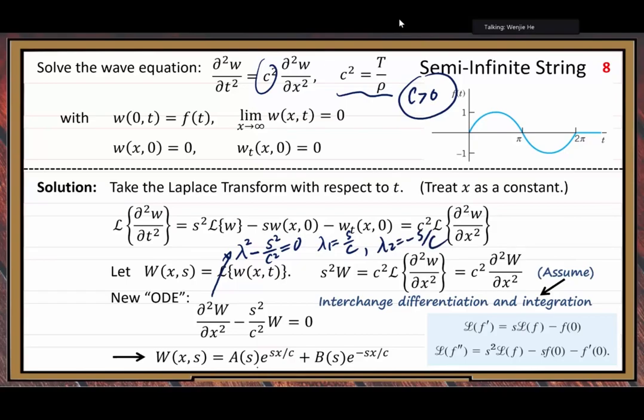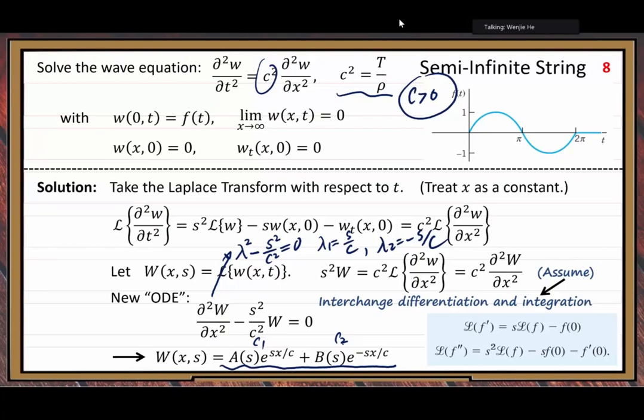Then we can write the general solution like that. Usually we use C1, C2, but here, because we treat s as part of the constant, when we write C1, C2 we should include the s part. If you use constants without s included, then you will miss something.